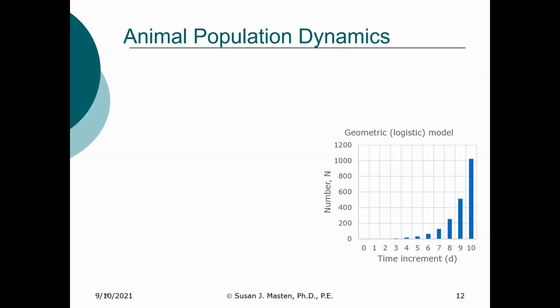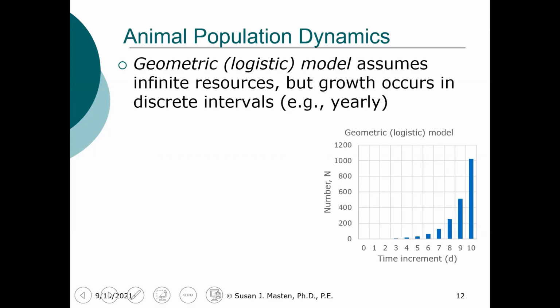We can also use a geometric model. This assumes, again, infinite resources, but that growth occurs in discrete intervals, shown here in terms of days. So we have a certain number of organisms on day 3.